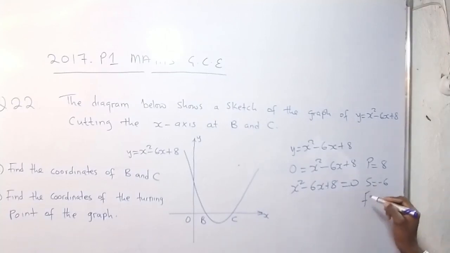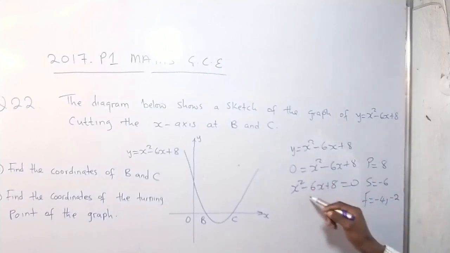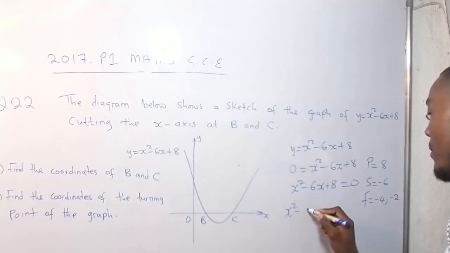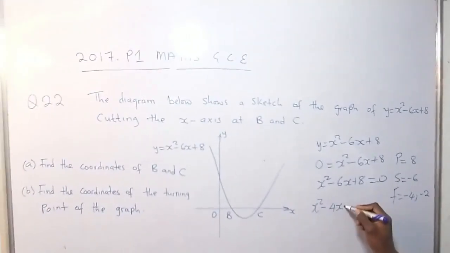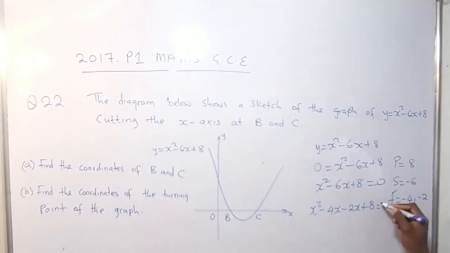Therefore, the two numbers that multiply to give 8 and add to give negative 6 are negative 4 and negative 2. These replace the middle part: x squared minus 4x minus 2x plus 8 equal to 0.